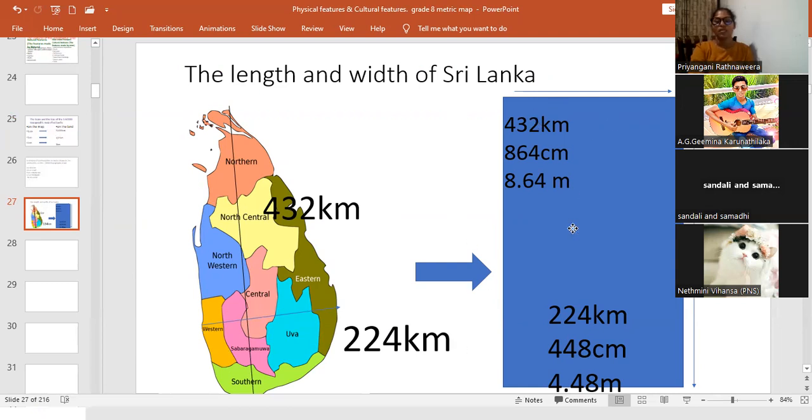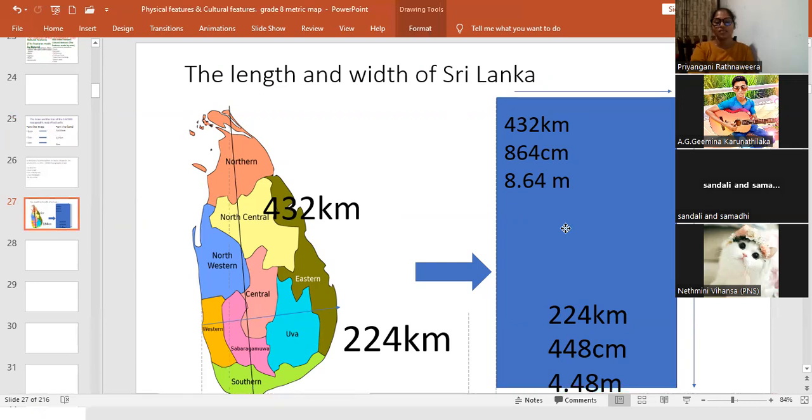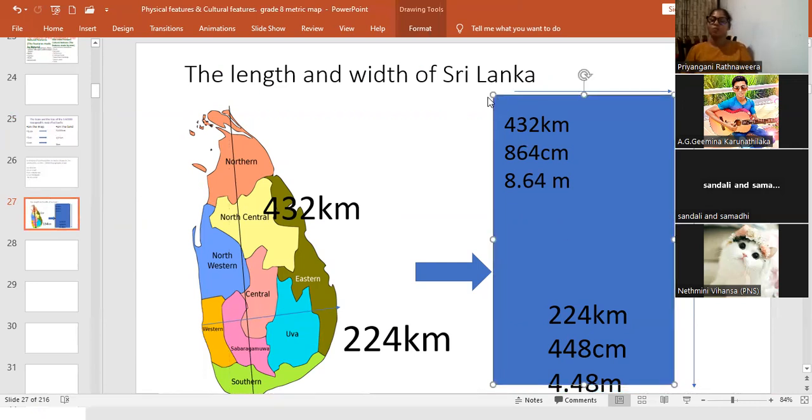Then here you can see, if we draw one map sheet for the Sri Lankan map, this is the size of the map sheet. If we draw one map sheet, this is the size, 432 kilometers by 224 kilometers.